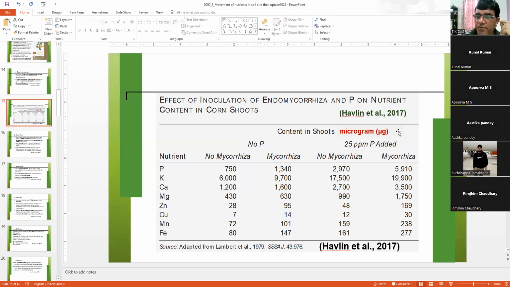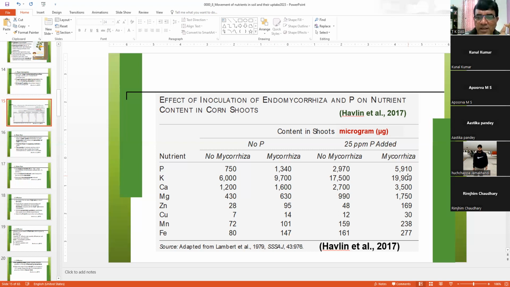What happens when you add phosphorus to the soil as a fertilizer? It was added. And again, two kinds of condition, no mycorrhiza and mycorrhiza. So you can see even under conditions of phosphorus addition, you have increased uptake of all the nutrients.